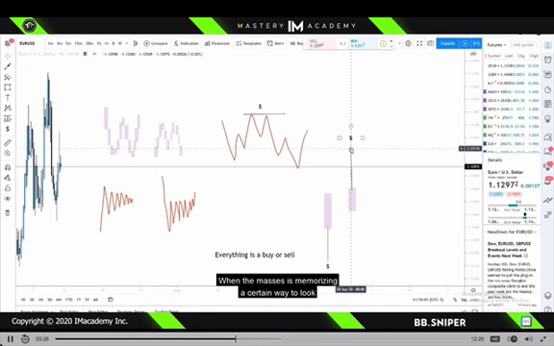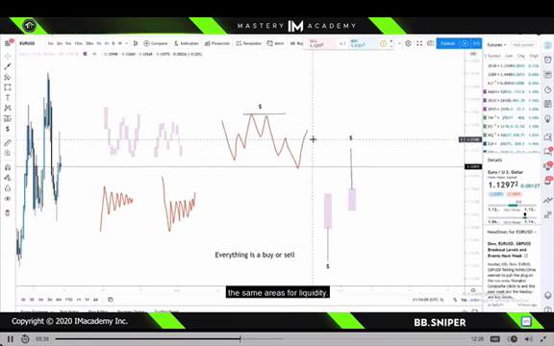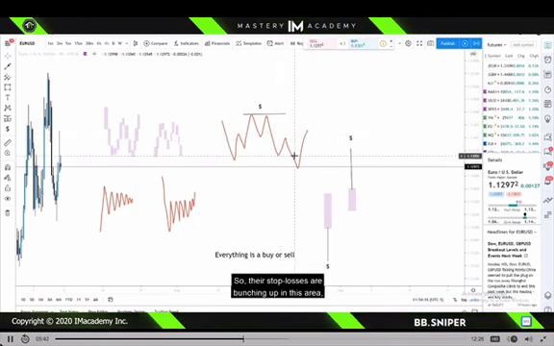When the masses are memorizing a certain way to look at the market, chances are they're all duplicating the same areas for liquidity. So their stop losses are bunching up in this area.